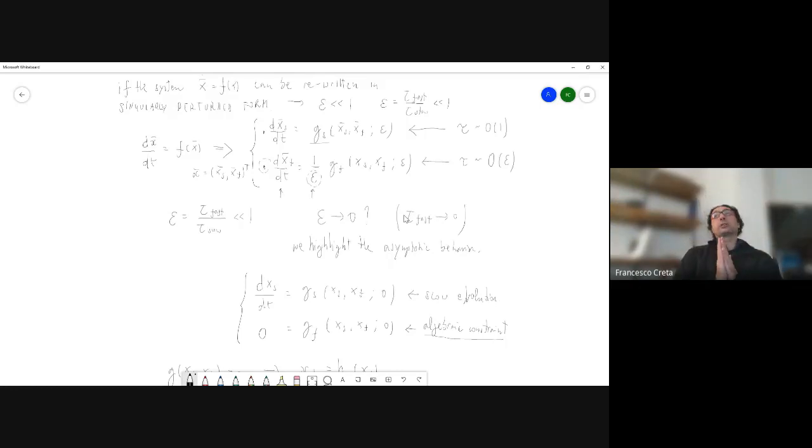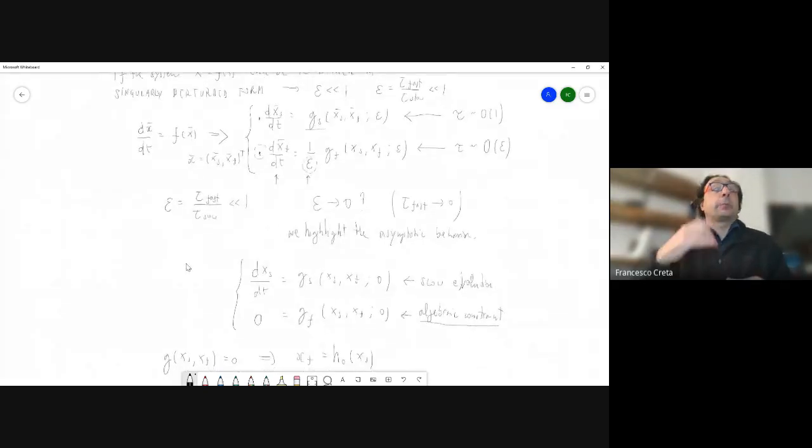So what we're doing is considering every fast phenomenon happening in the kinetic system as being instantaneous, whereas the rest of the system, the so-called outer solution, is highlighted as the only existing solution. Obviously, it's going to be a slowly evolving solution, and it's going to represent the asymptotic behavior of the system itself.